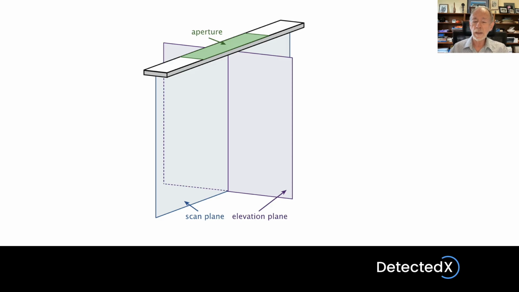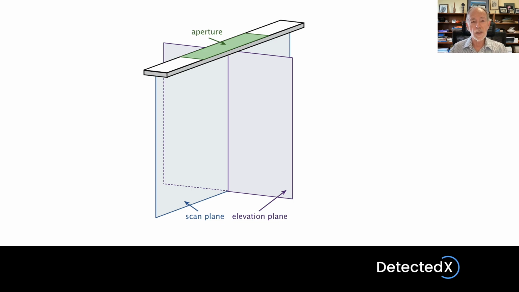So let's think about how well focused the beam is within this elevation plane compared to its focusing within the scan plane. Now the frequency is the same, the depth is likely to be similar, so the only thing that's really different is the size of the aperture, the active area on the face of the transducer that's producing the beam.